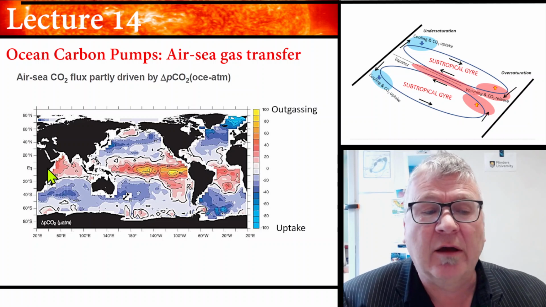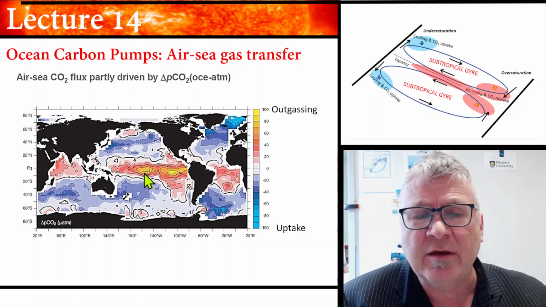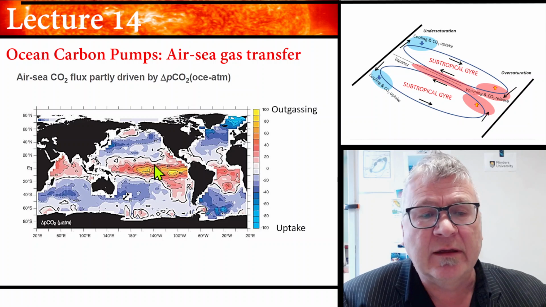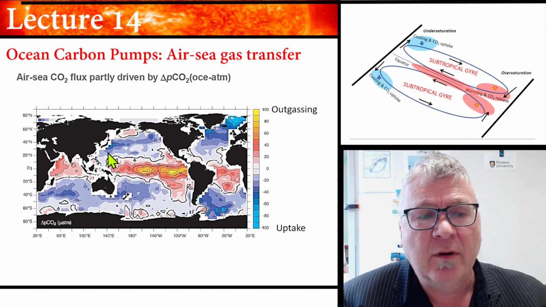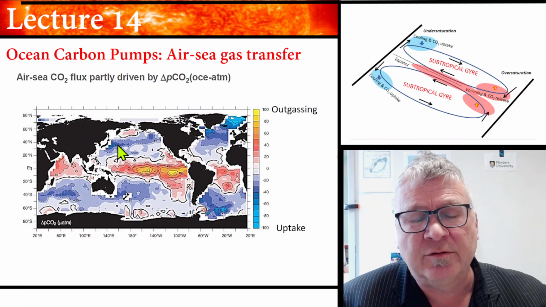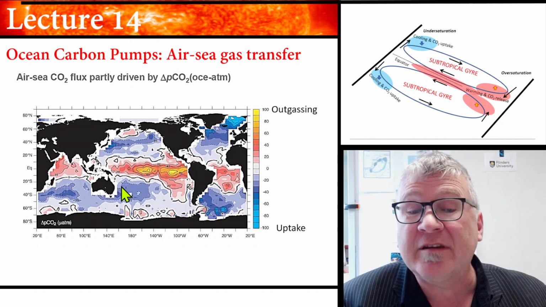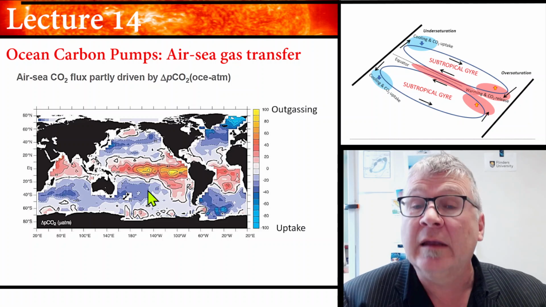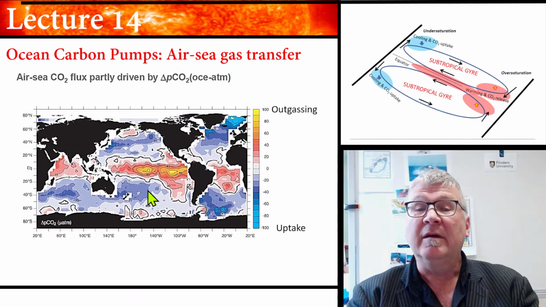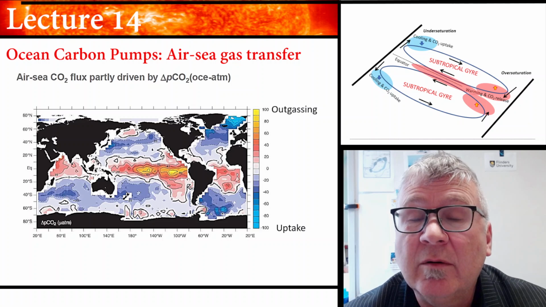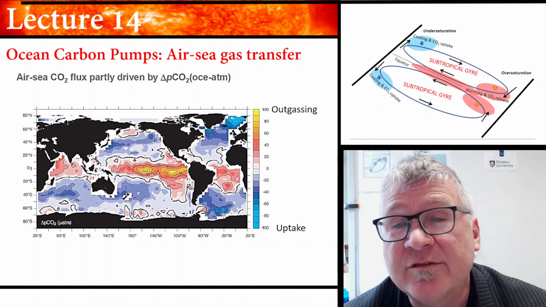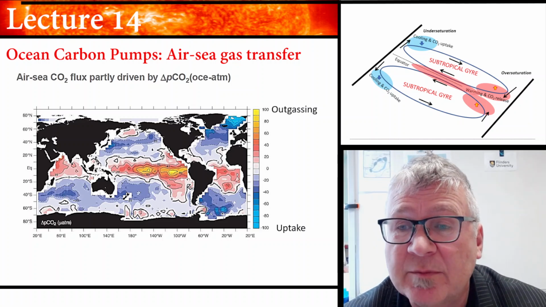You can see the equatorial regions are regions where you have outgassing, and then if you go higher up into the northern hemisphere or southern hemisphere, you have regions where you have an uptake. In order to understand this structure, you learned about subtropical gyres, and it's all taking place in subtropical gyres.